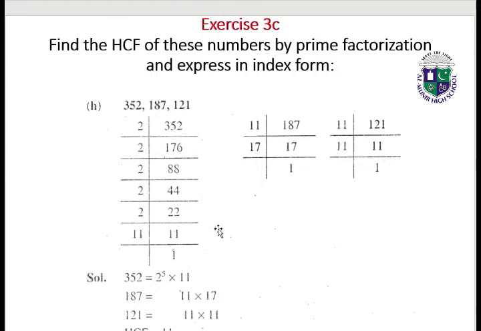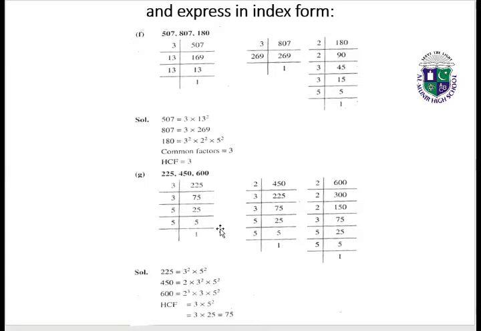Part B: 225, 450 and 600. Factorizing 225: 3 7s are 21, 3 5s are 15, 5 5s are 25, 5 1s are 5, so 225 is 3 square multiplied by 5 square. 450 is 2 multiplied by 3 square multiplied by 5 square. 600 is 2 cube multiplied by 3 multiplied by 5 square.